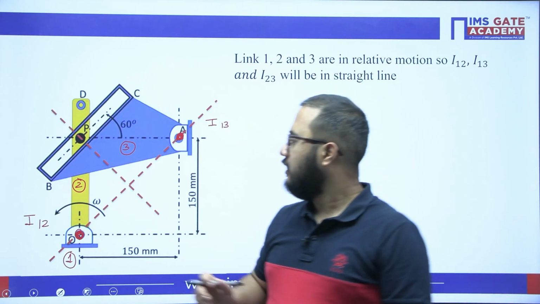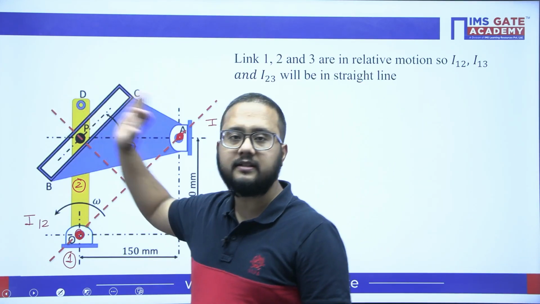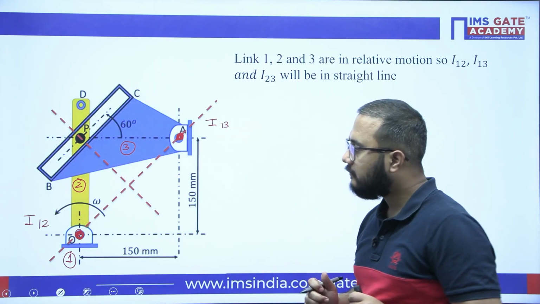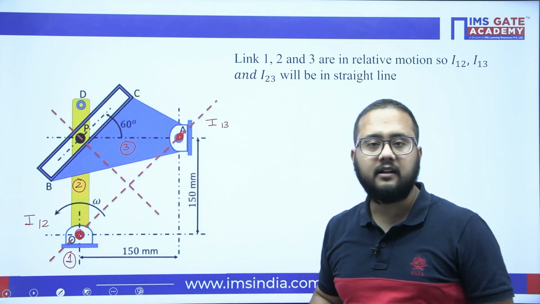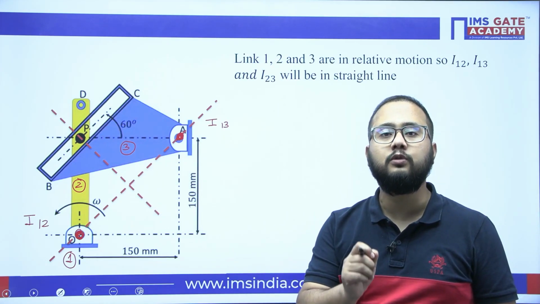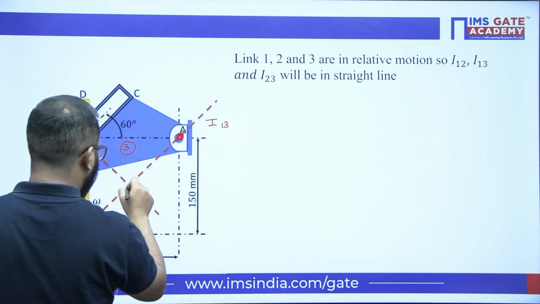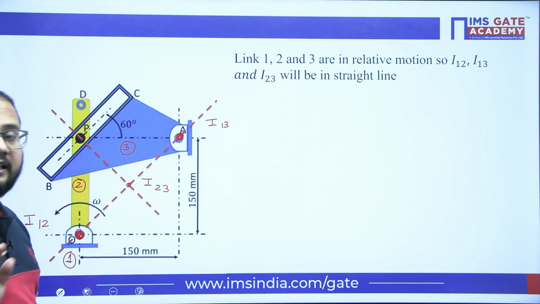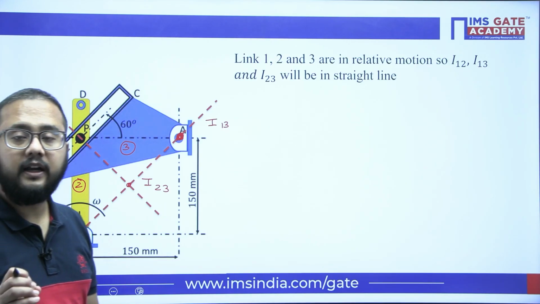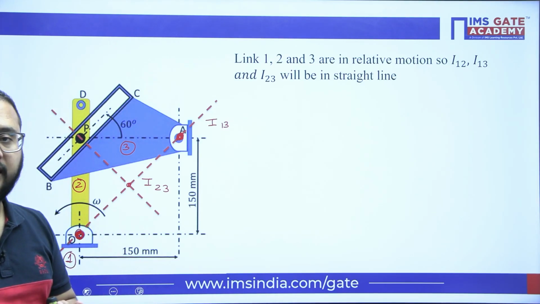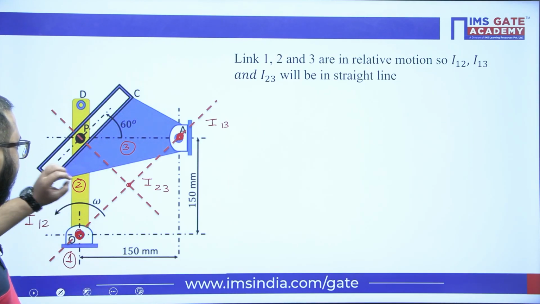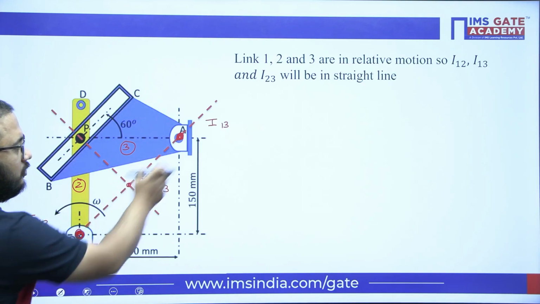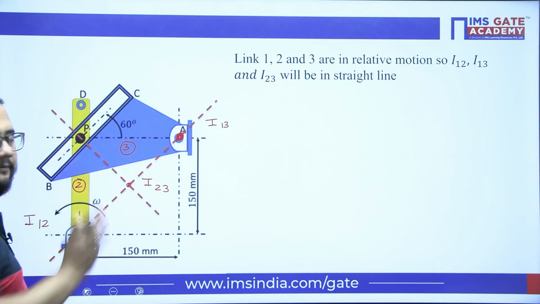Both lines intersect here, so that point will be I23. So I12, I13 and I23 are all defined.